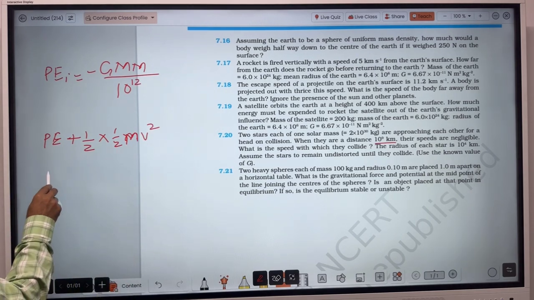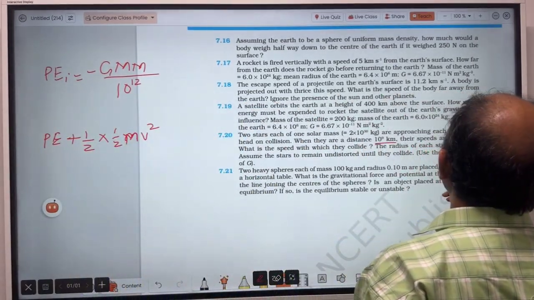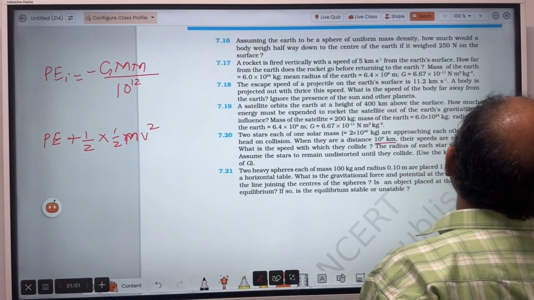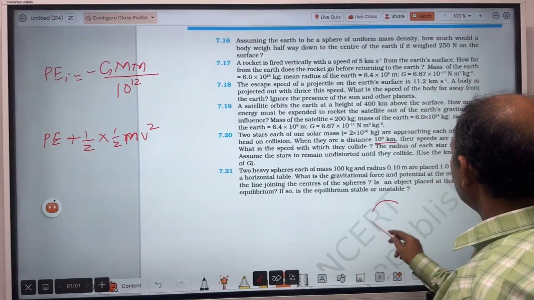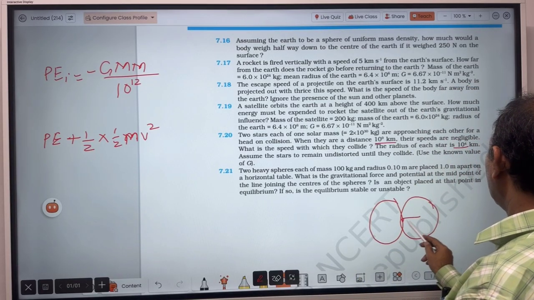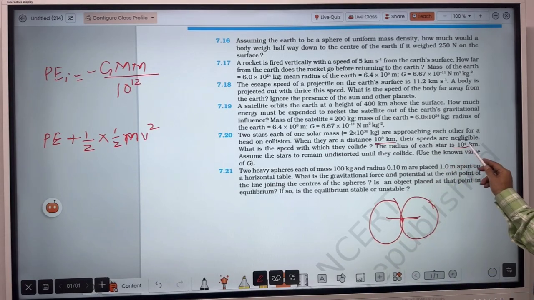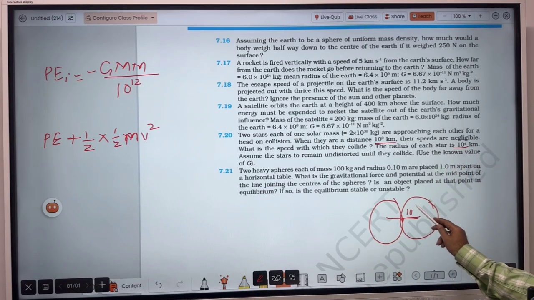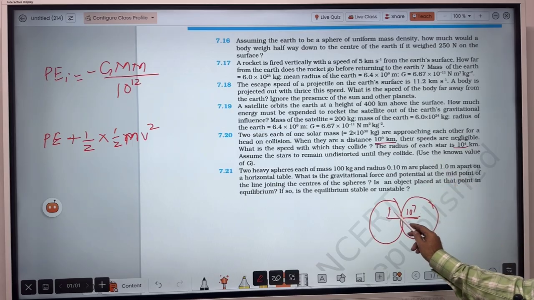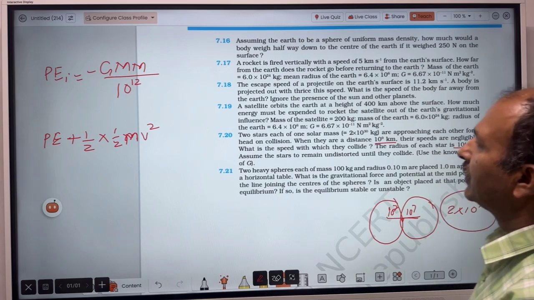So for potential energy in that case, how much separation will be left when they touch each other? They are touching, so the separation will be the sum of the two radii, 10 power 7 meter each. So 2 into 10 power 7 meter will be the separation.